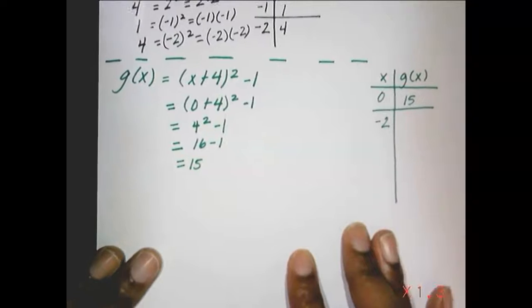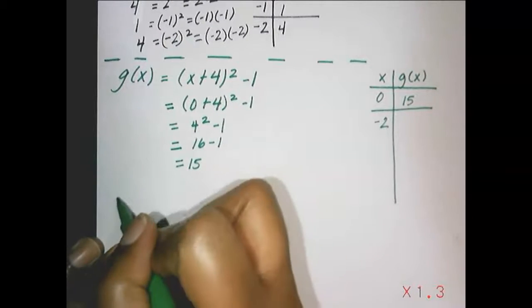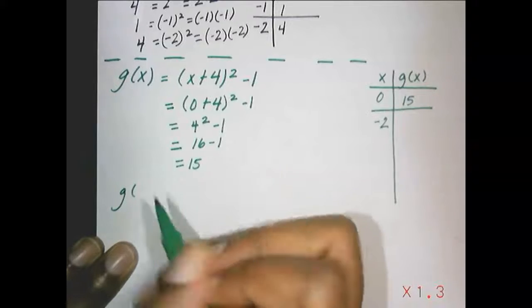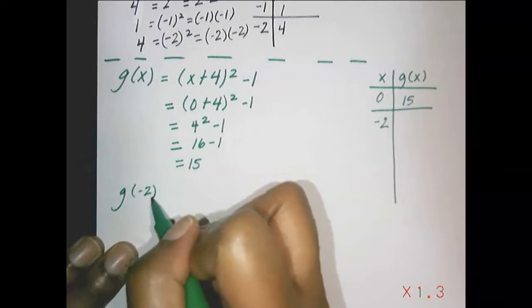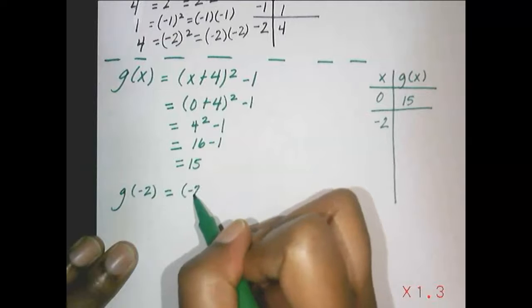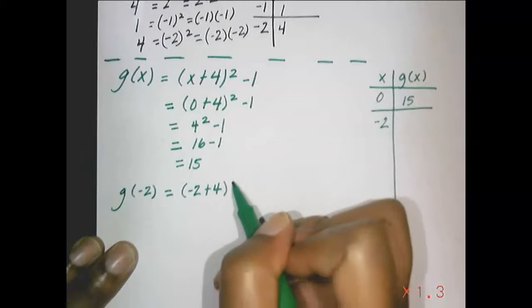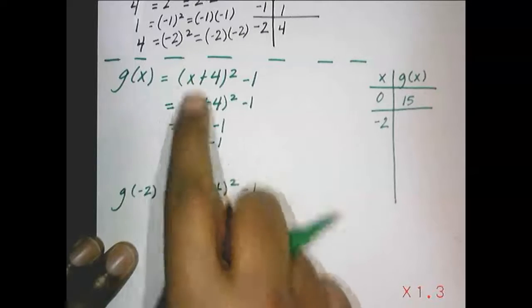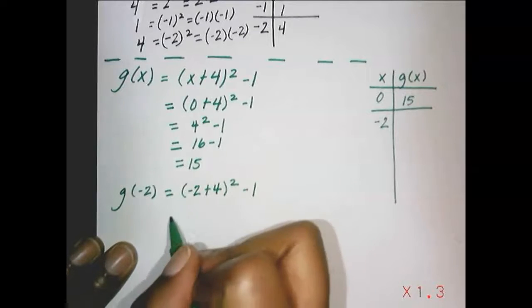So I'm going to let x be a negative 2, and I'm going to plug that in. We need to know what is g of a negative 2 when we plug that in here. So we're going to have a negative 2 plus 4. That's going to be squared, and we're going to subtract 1. I just replace x with a negative 2. So here we go.